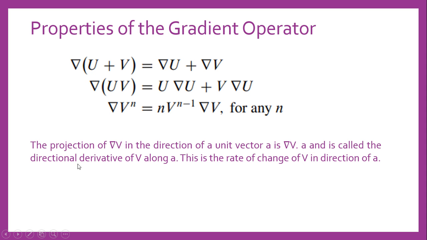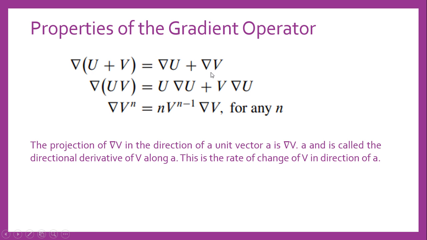The projection of del v in the direction of a unit vector a is del v dot a, and is called the directional derivative of v along a. This is the rate of change of v in the direction of a. So if you multiply the gradient vector with a unit vector, see here v is a scalar field and del v is the gradient.